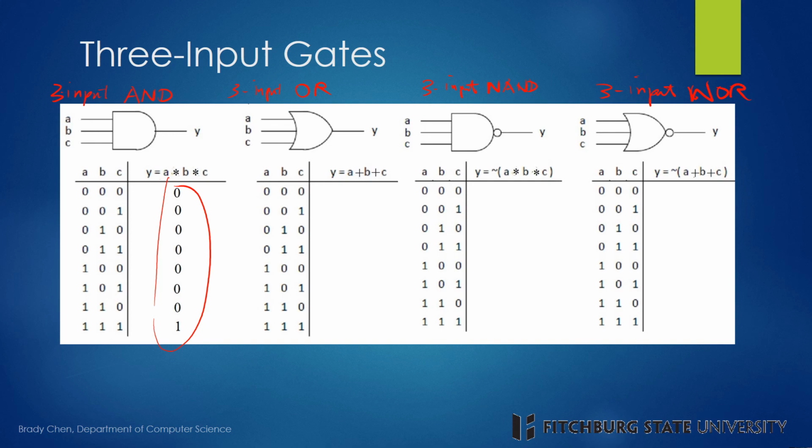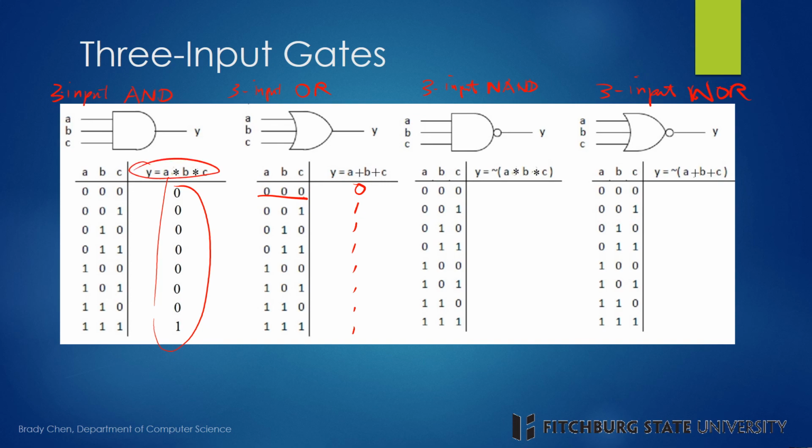So as long as one of the inputs is 1, then the output is 1. The only case where the output is 0 is the first case, when all the inputs are 0. So the rest of the cases will generate 1. Now the 3 input NAND gate is basically the opposite of the AND gate.